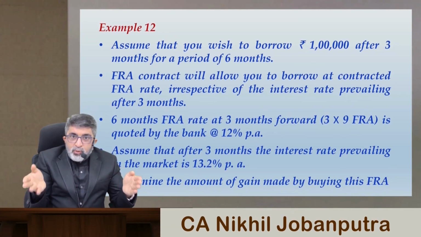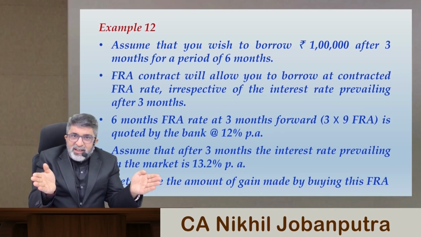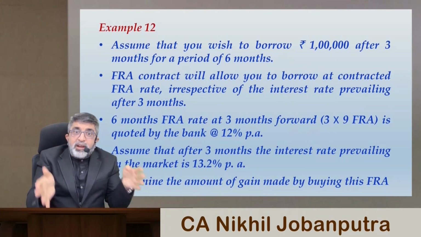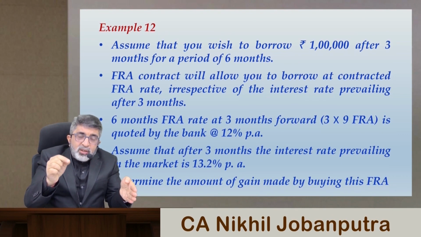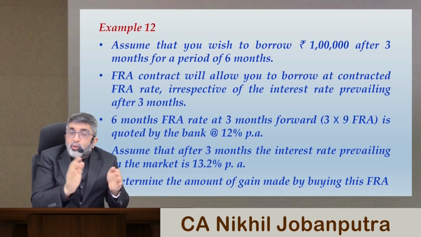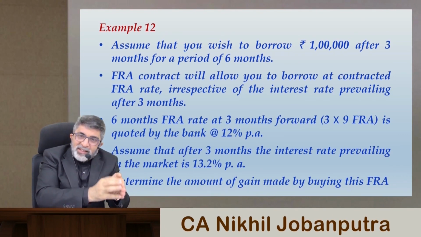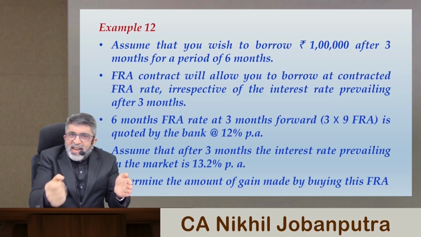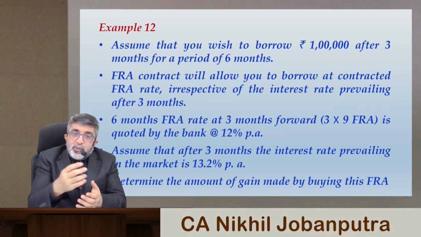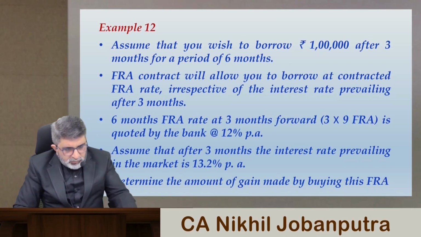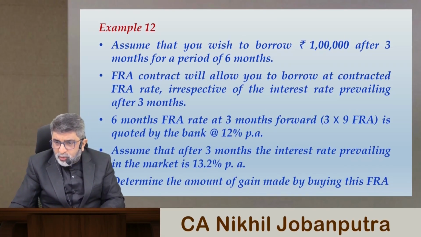But why should you wait for that period from 3 months to 9 months when you already know that you have made a gain of 600? So what we do, we find the present value of that 600 and that becomes a settlement amount. That amount is settled. Let me show you this by calculation over here.